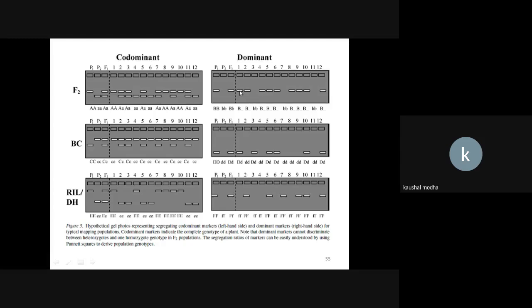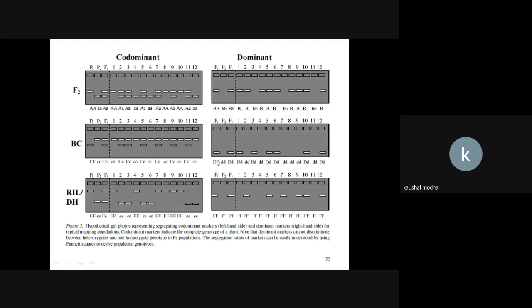Now the band would be present in homozygous individuals, and also in heterozygous individuals, that is 75% of the F2. Only 25% of individuals will show absence of the band. So you will find more bands here, and the band will segregate according to a 3:1 pattern. So 75% of the F2 individuals will show presence of the band, and 25% will show absence of the band.